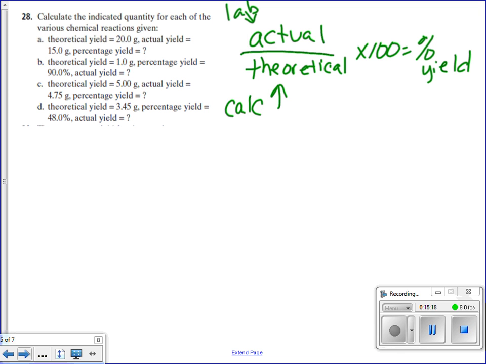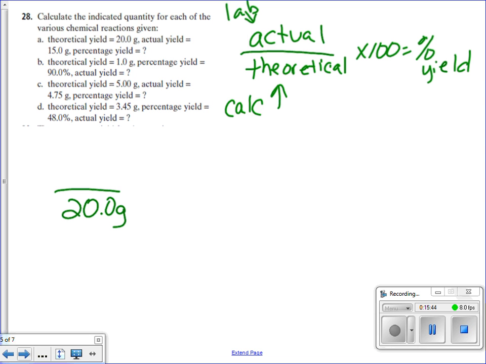And then if we went to the lab and we actually made some silver, that would be our actual. And then we could divide the two and multiply by 100 to get our percent yield. And that will be something that y'all will do. All right, so on 28, calculate the indicated quantity for each of the various chemical reactions given. So on letter A, they give us 20 grams is our theoretical yield.